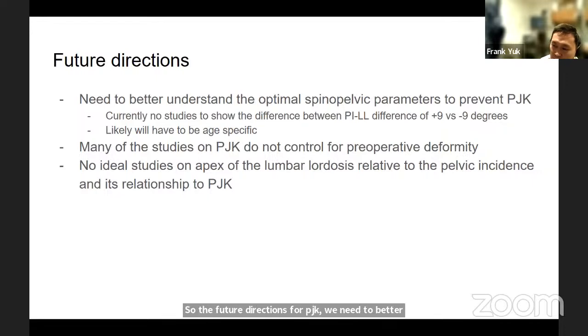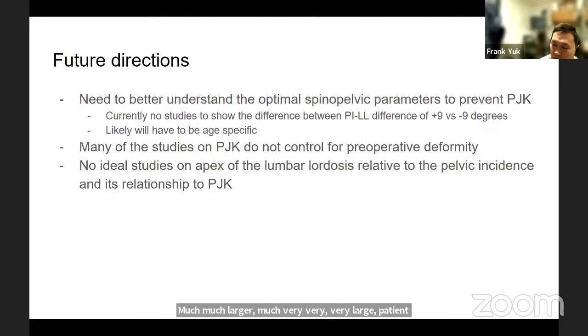So the future directions for PJK: we need to better understand the optimal spinopelvic parameters to prevent PJK. Currently, there are no real good studies showing the difference between matching the pelvic incidence-lumbar lordosis difference to +9 degrees or -9 degrees. That would require a very large patient population and a significant amount of surgery, and likely will also have to be age specific.